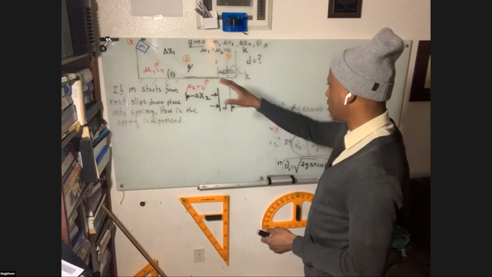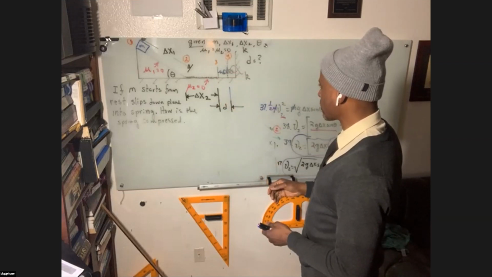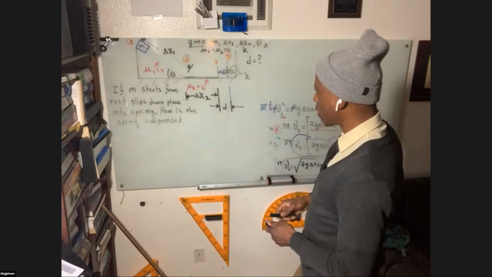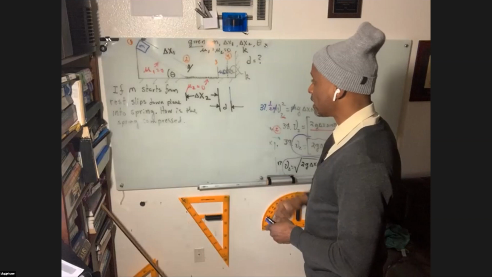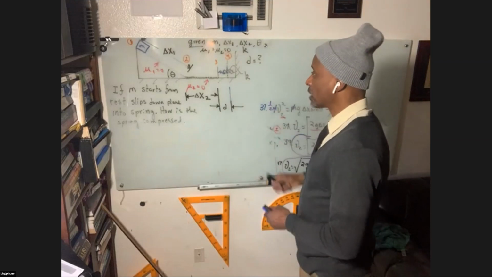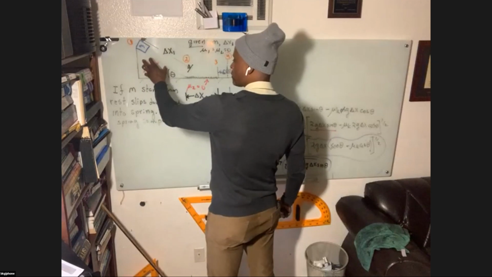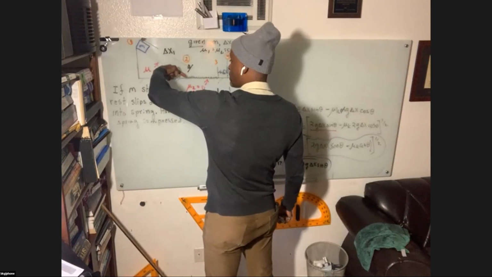But I still like to look at certain critical areas, because it's not going to hurt to identify those things. But let's just start with that. So can I use conservation of energy? Yeah, and not the work energy theorem. Why? Because as the block slides down the plane here, there's no friction doing work, so I don't have to worry about that. It's just gravity doing work. Gravity is conservative.